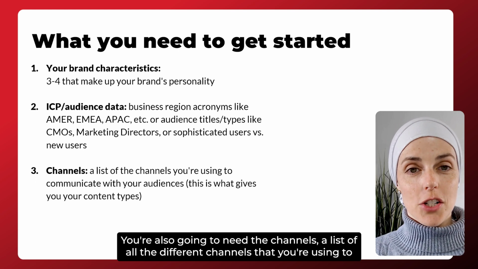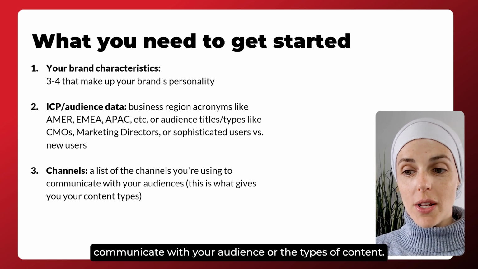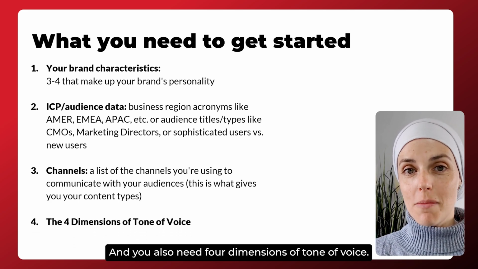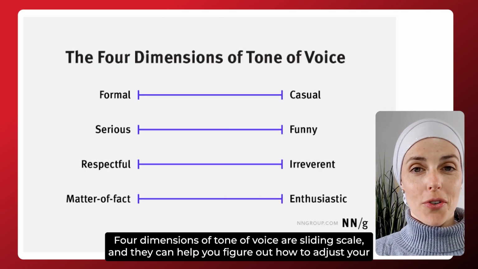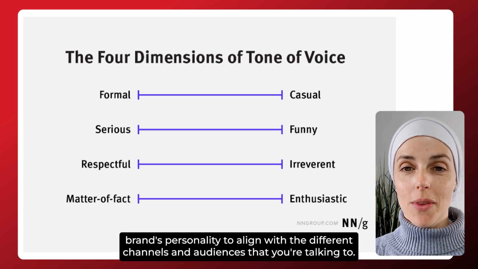You're also going to need the channels, a list of all the different channels that you're using to communicate with your audience, or the types of content. And you also need the 4 dimensions of tone of voice. The 4 dimensions of tone of voice are sliding scales, and they can help you figure out how to adjust your brand's personality to align with the different channels and audiences that you're talking to.